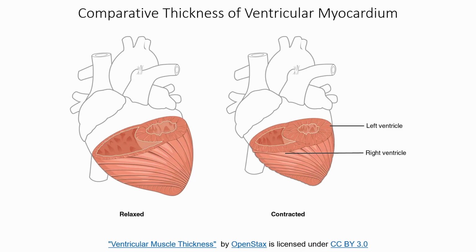So if we notice the right ventricle, the muscle layer is thin. Even here when it's contracted, it's still relatively thin when we compare it to the ventricle on the left. The comparison is a no-brainer. The layer here is much thicker, and the same thing over here, much thicker when contracted.